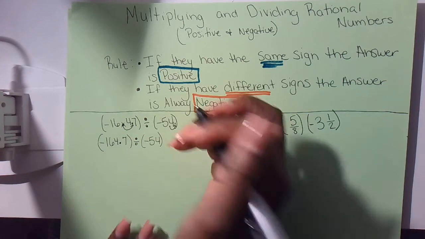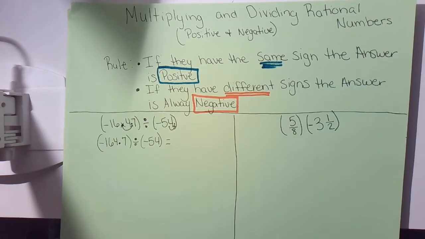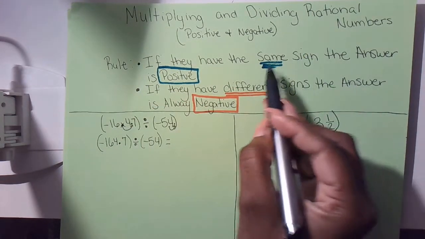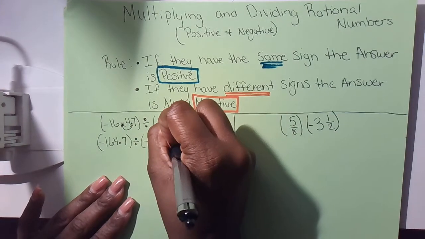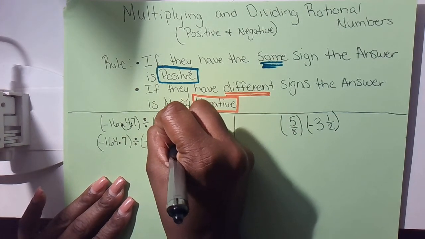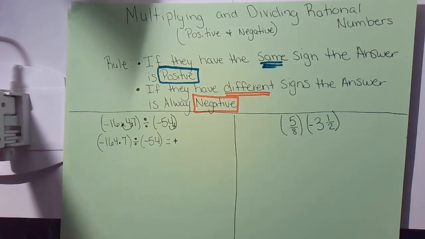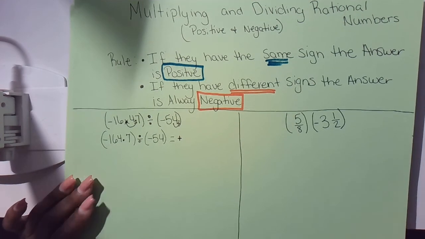Alright, because we have two negative numbers, they have the same sign, we know our answer is going to be a positive number, so I'm just going to put a plus sign just so that we remember that our answer is going to be a positive number. Alright, so let's start dividing.